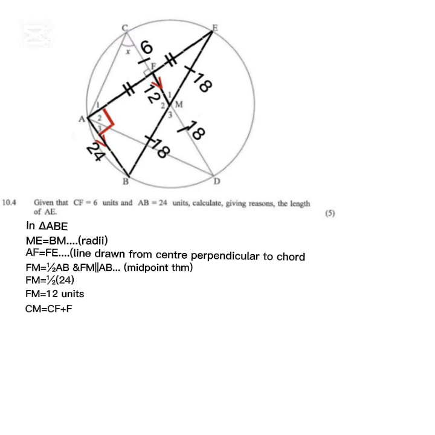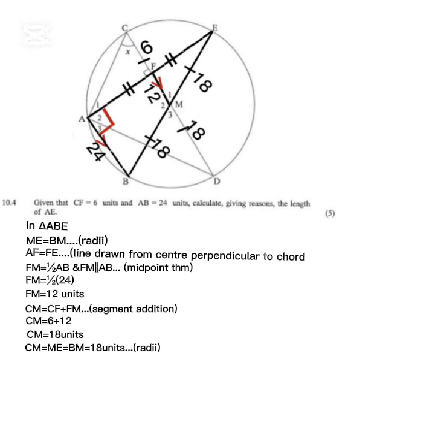CM is equal to CF plus FM, reason: segment addition. CM is equal to 6 plus 12, therefore CM is equal to 18 units. CM is equal to ME is equal to BM is equal to 18, reason: radii. Then we can use the Pythagoras theorem to find the side AE.